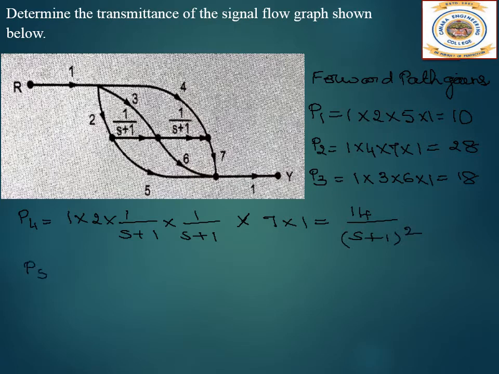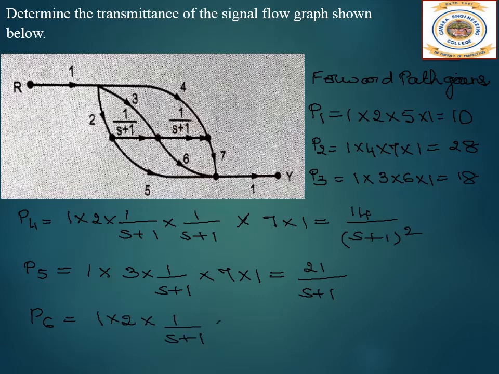Then P5 is equal to 1 into 3 into 1 by s plus 1 into 7 into 1, which is equal to 21 divided by s plus 1. P6 is equal to 1 into 2 into 1 divided by s plus 1 into 6 into 1, which is equal to 12 divided by s plus 1. So these are the forward paths.